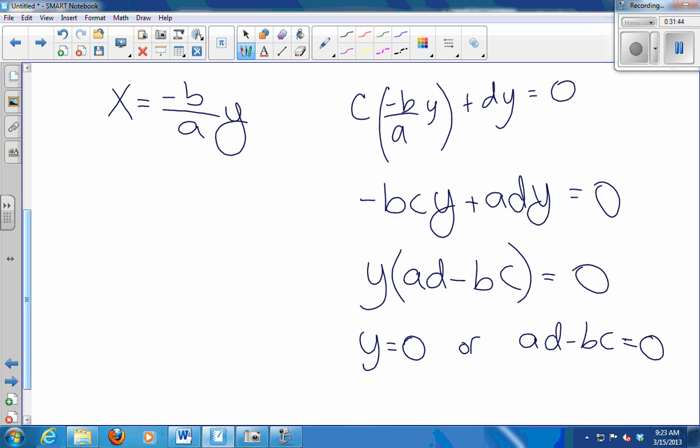Okay. If y equals 0, then x also equals 0, right? If I plug y equals 0 into this equation, x also equals 0. So one equilibrium point for any linear system is going to be 0, 0. 0, 0 will always be an equilibrium point.